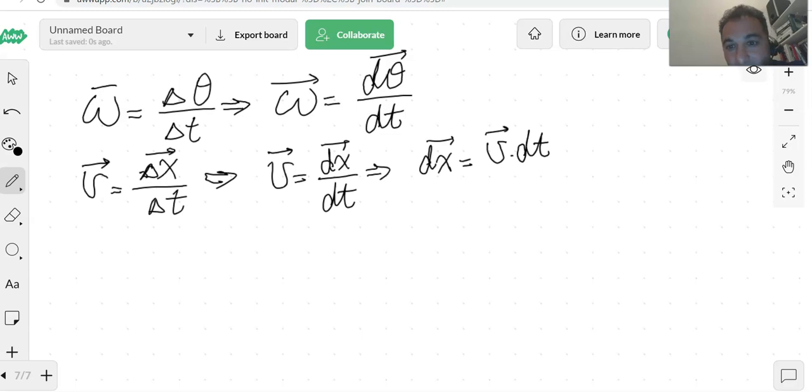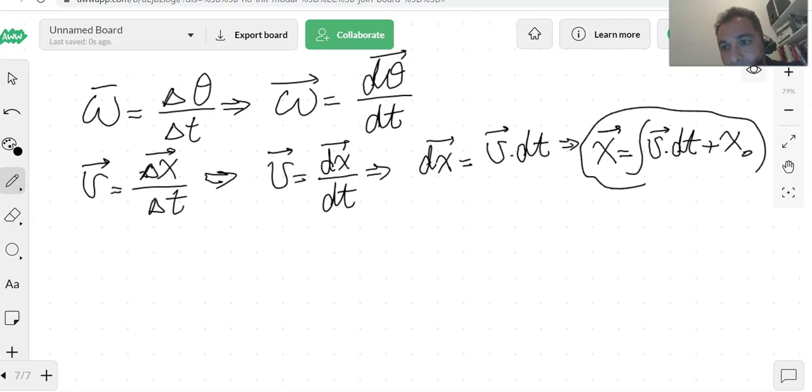Therefore, we wrote this equation that dx is v dt, correct? And then we wrote x is equal to integral of v dt plus x naught, which I called the further equation, correct?